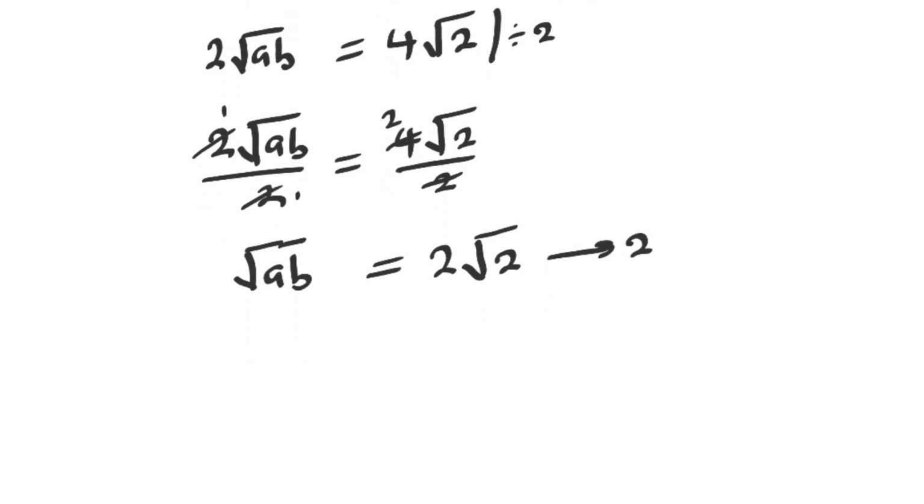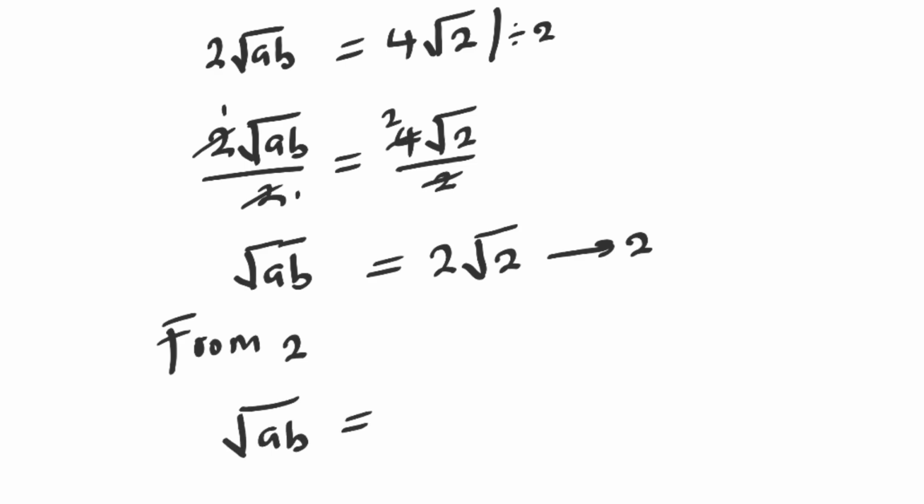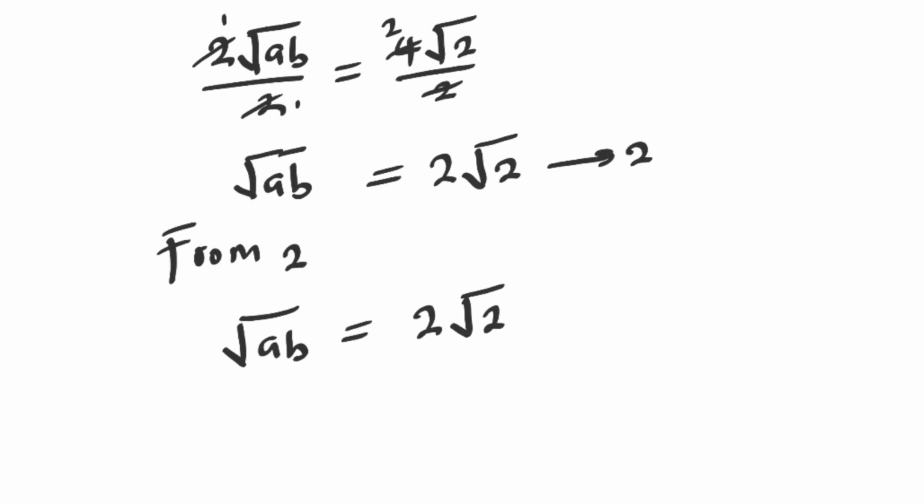Now from equation 2, we have square root of ab is equal to 2 square root of 2. Let us square both sides of this equation.